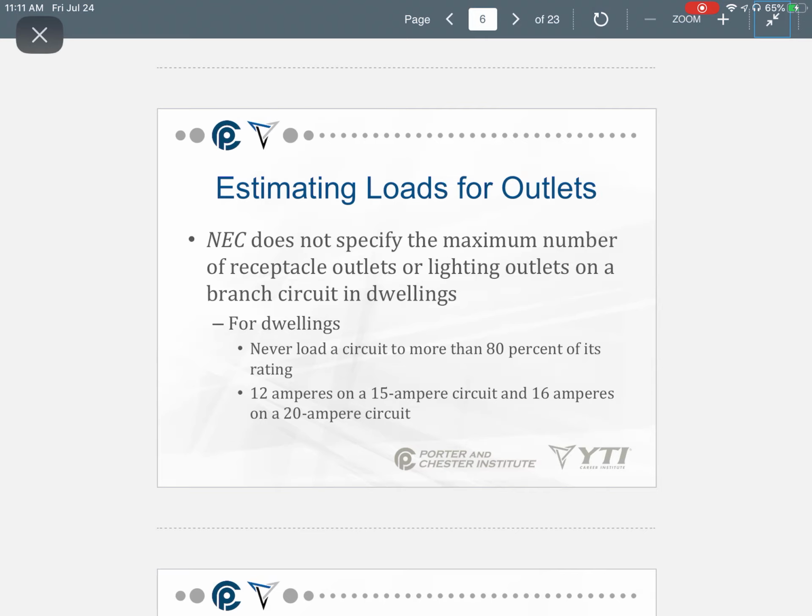Now, the way the calculations are made, a receptacle outlet is based on what we call 180 volt-amps per outlet, or 1.5 amps per outlet. So if you take, for instance, a 20 amp circuit and divide it by 1.5, it comes out to like 13.3333.